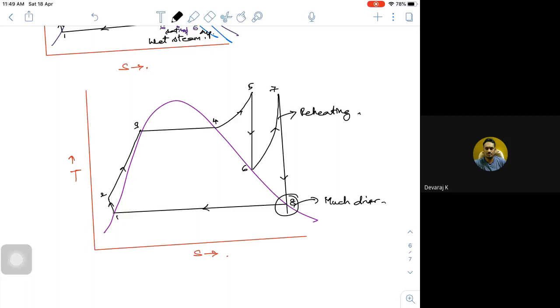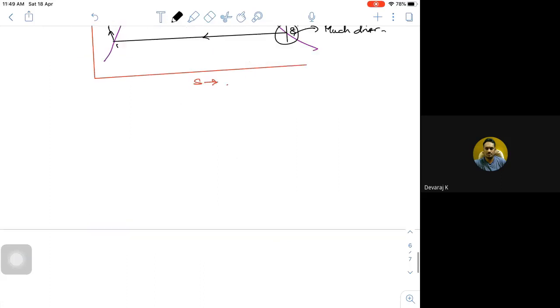How is this reheating done? What do they do actually? Let me show it with a schematic block diagram. Suppose this is a boiler, and at the top of the boiler I will have what is called a superheater.